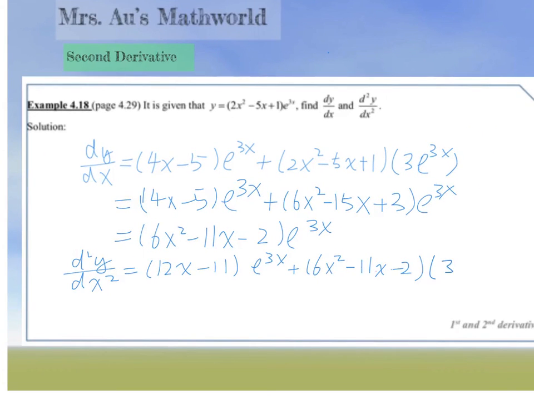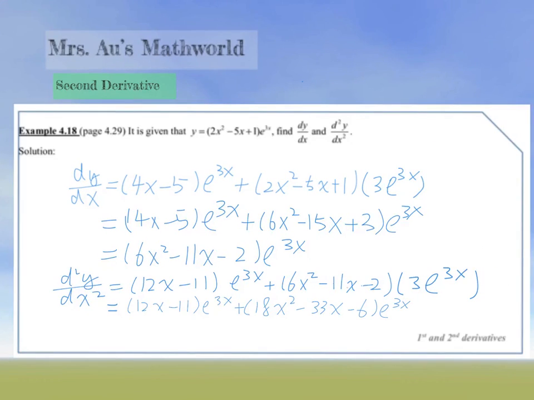And then 3 times e to the power 3x. So we do the same thing as the upper part, which is to multiply the 3 inside. So having the second line, and then lastly, we combine them together. And we can get the last one to be the final answer.